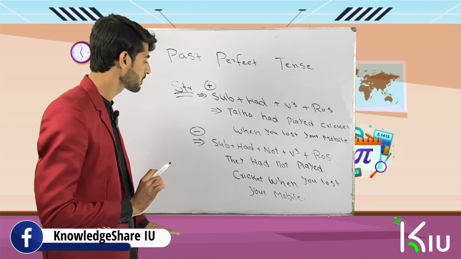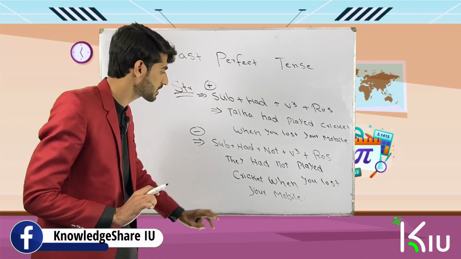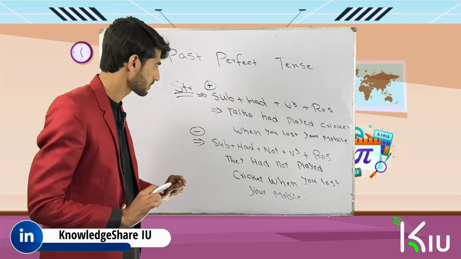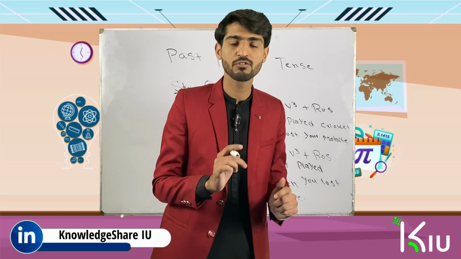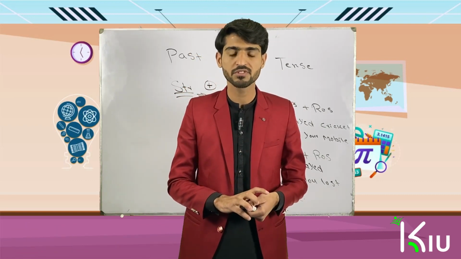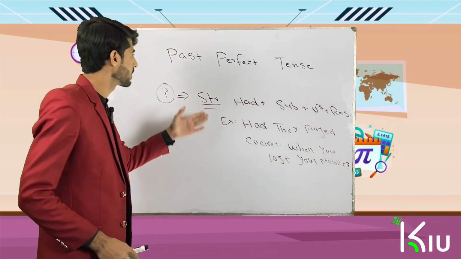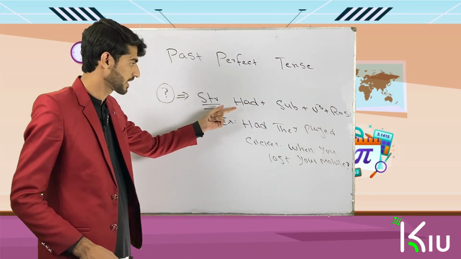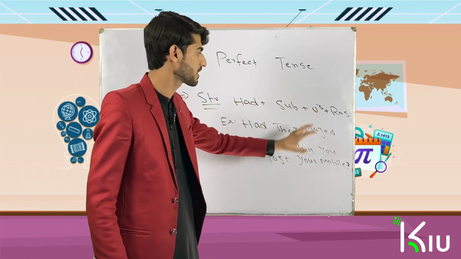Look at the example. The first action is in past perfect tense and the second action is in simple past tense. Now let's get ahead with the interrogative structure of past perfect tense. How will we make a question while using past perfect tense? First of all, we'll put had. With had, we'll put the subject and then the third form of the verb and then the rest of the sentence.